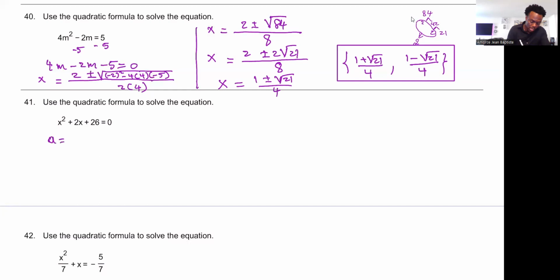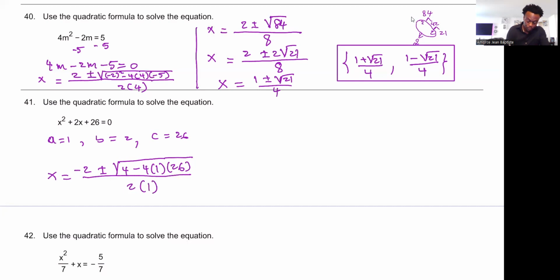A equals 1, B equals 2, and C equals 26. x equals negative b, negative 2, plus minus the square root of b squared, so that's 4, minus 4 times a 1 times c 26, over 2 times a, 2 times 1 is 2. And then we want to simplify that.